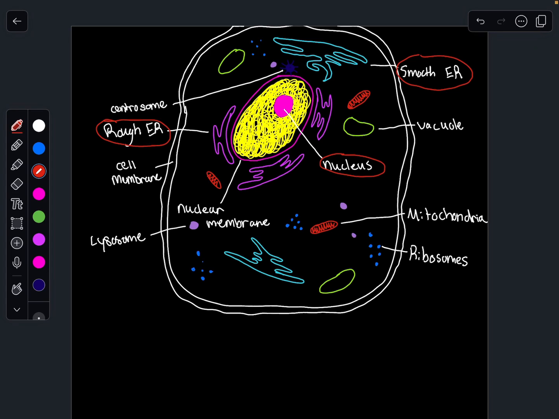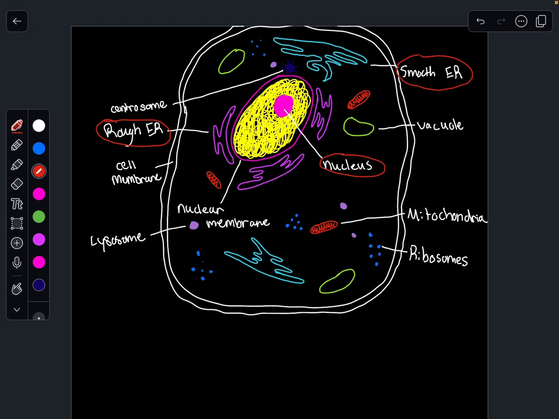The functions of the rough ER are to synthesize and fold proteins. They perform quality control on proteins. They transport proteins to the Golgi apparatus and vesicles, and it's involved in the formation of lysosomes and the synthesis of phospholipids for cellular membranes.